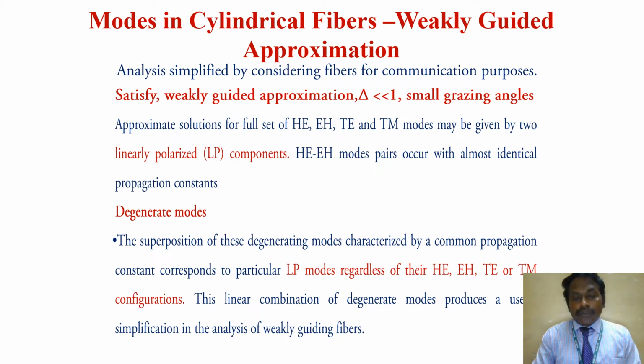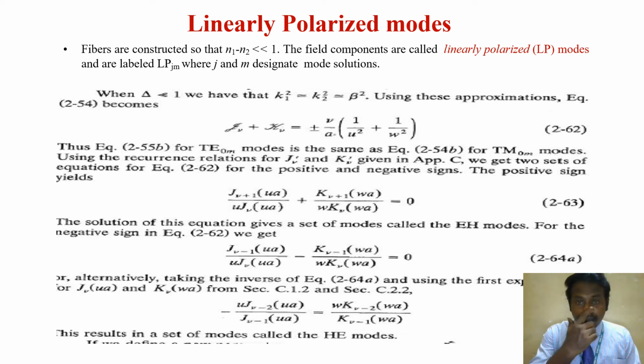So this linear combination of the degenerate modes usually gives a simplification in the analysis of weakly guiding nature. So weakly guiding means the del value is always less than 1. So instead of del, we can substitute n1 minus n2, the difference between core and cladding. So n1 minus n2 is less than 1.